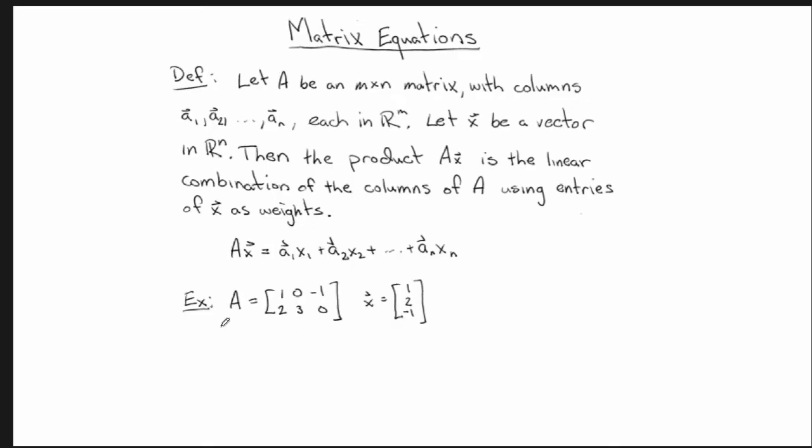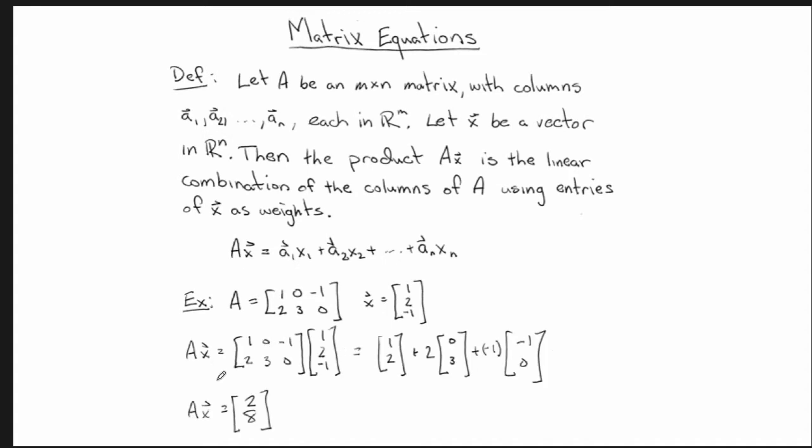So for example, if A is equal to the matrix with columns (1, 2), (0, 3), (-1, 0), and x is (1, 2, -1), then Ax is going to be 1 times (1, 2) plus 2 times (0, 3) plus negative 1 times (-1, 0).